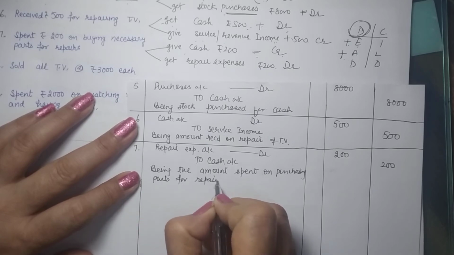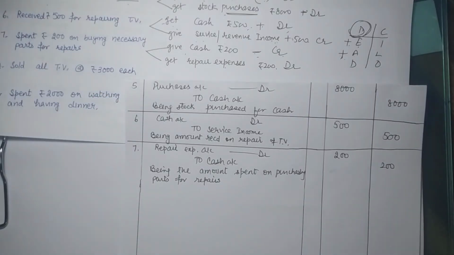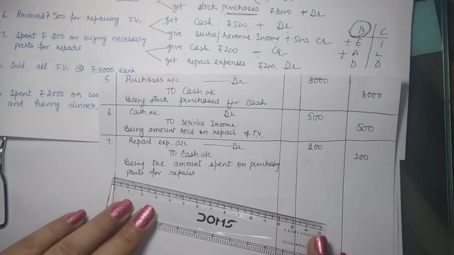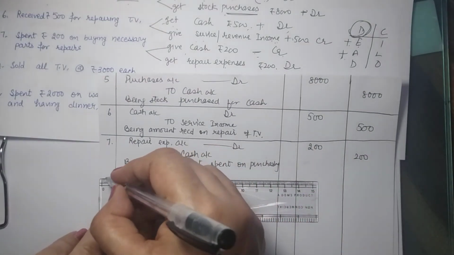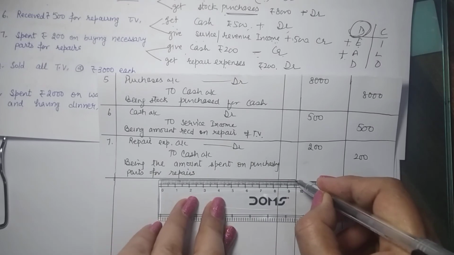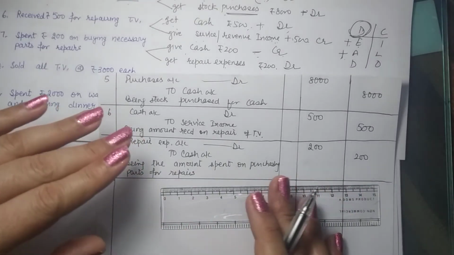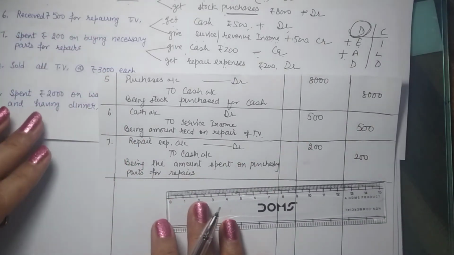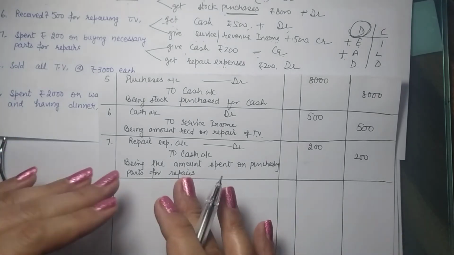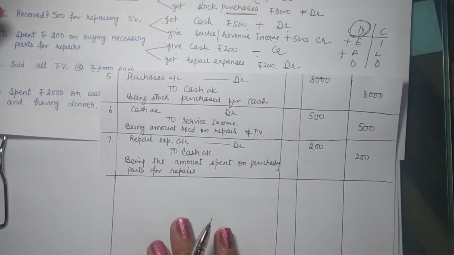So any spending with the limited benefit expiring within the year or instantly is referred to as expenditure. It's not an asset. Remember, it's not an asset. You are not going to keep it. You are not going to get any further benefit. It just expired with the revenue.